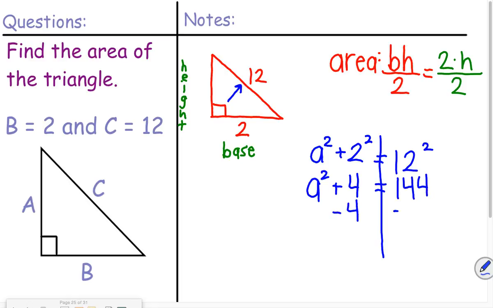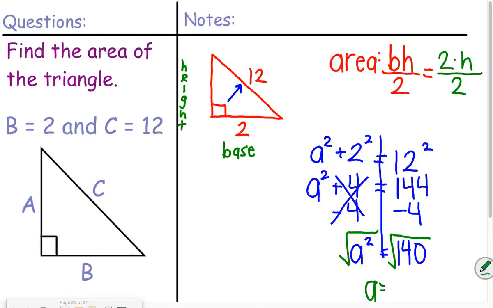Subtract 4 on both sides, and we have a squared equals 140. Square root both of these, and I have A equals 11.8. Now remember that 11.8 is not my answer. It is just the height of my triangle.